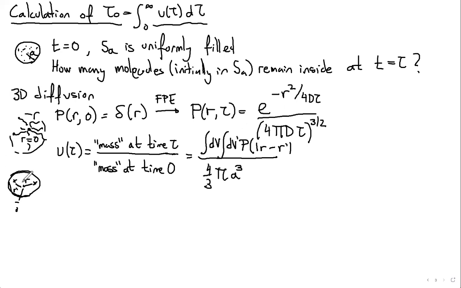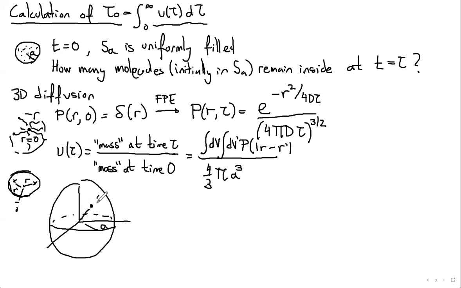If I want to be even more precise, in reality we have spherical coordinates. Let's say this is the sphere I'm looking at. It has radius A. A particle can be initially, for example, here, and this will be x, y, z, the coordinates of the particle.